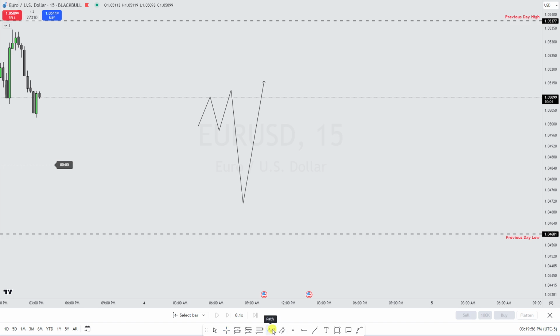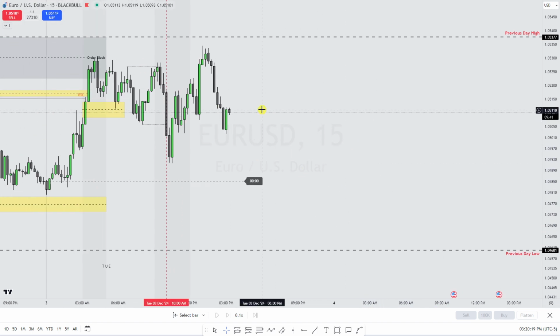And if we are going down, it's usually like this. Yeah, so this is if we're going to the downside. Now this setup is not something that I'm going to be paying much attention to.